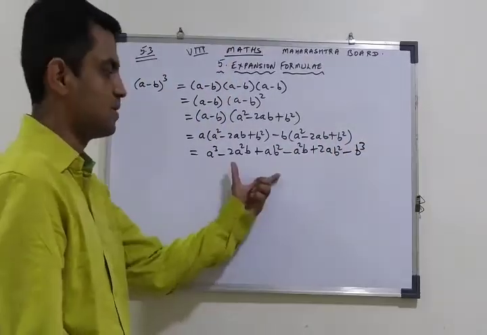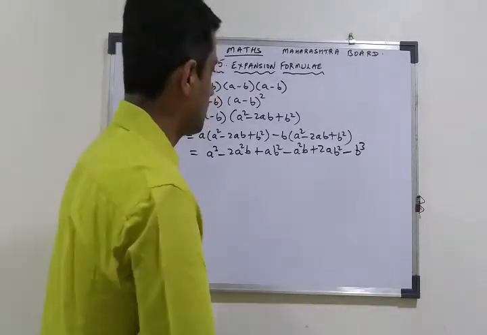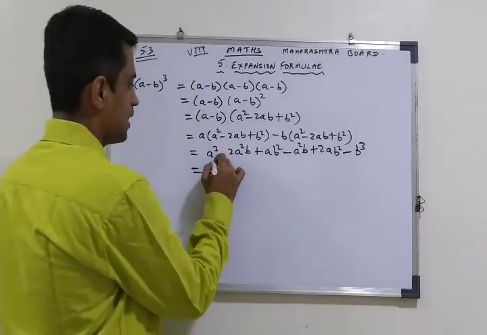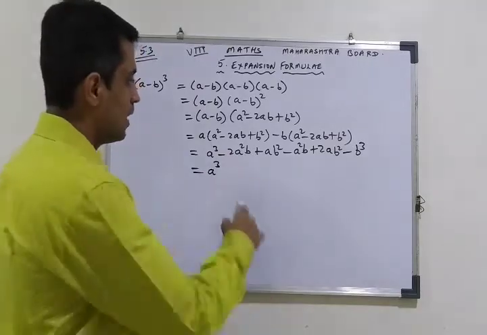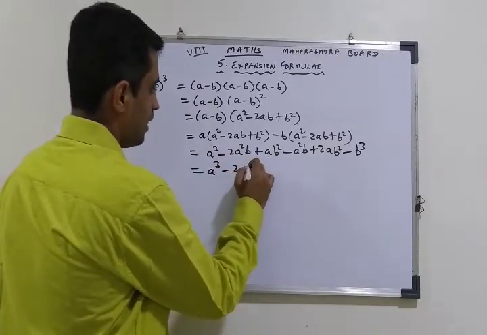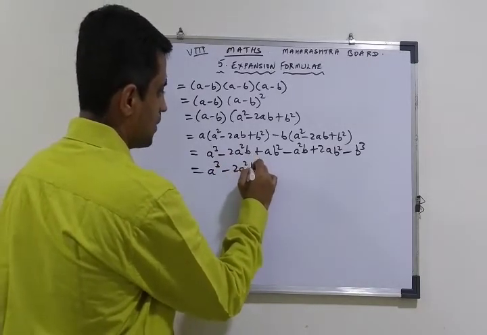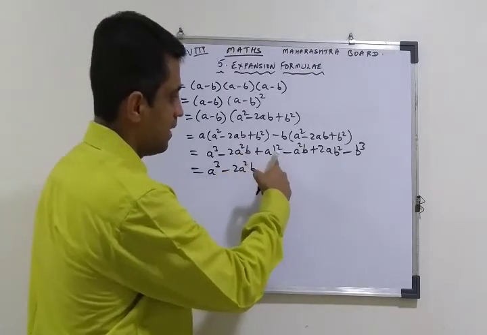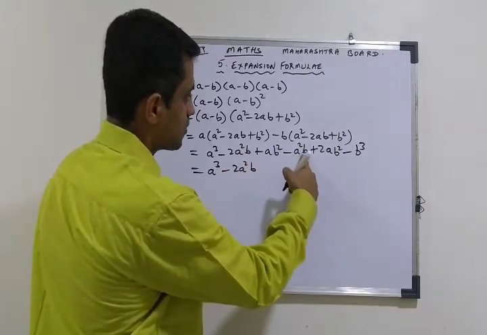Yes, understood this much. After this, we are going to take like terms together: a cube. Now we take minus 2a square b. Now let us see where is minus a square b. Here it is.